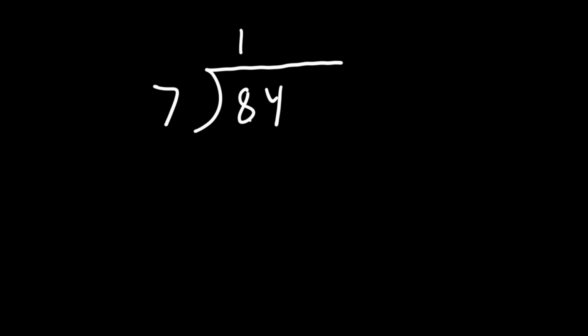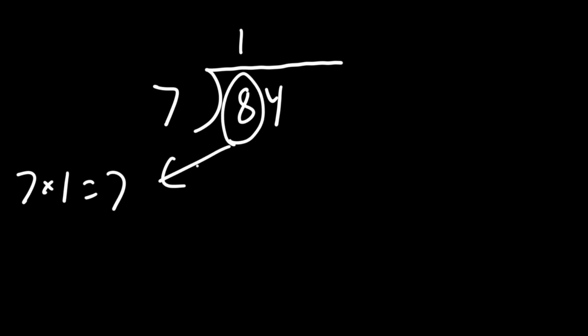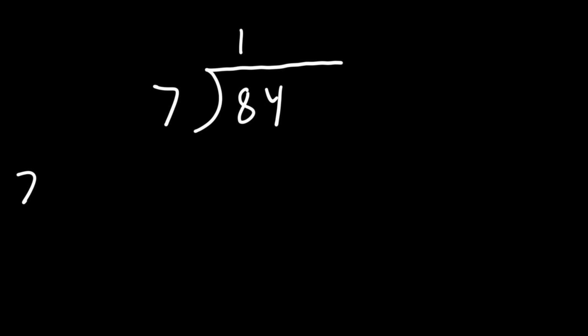Now we have to subtract this with the divisor times the amount of times it can go in. 7 times 1 just equals 7. So we have to subtract this by 7. And 8 minus 7 equals 1. Now we have to drag the next number down.